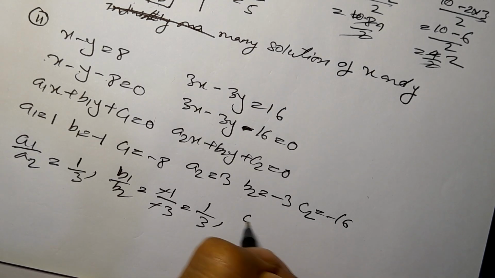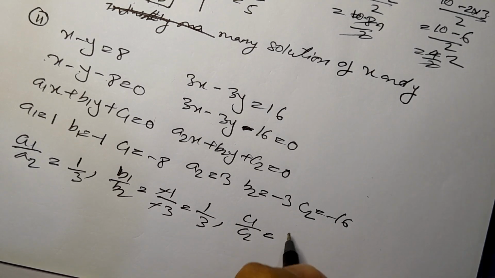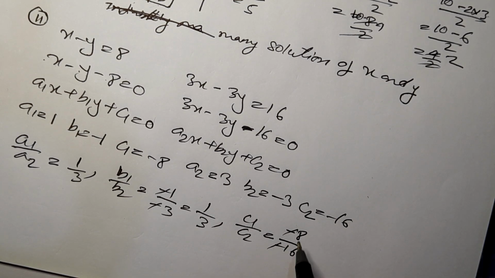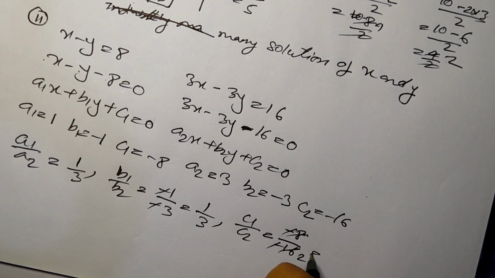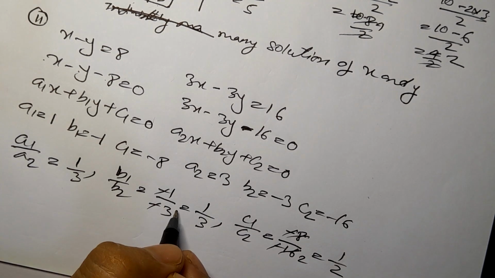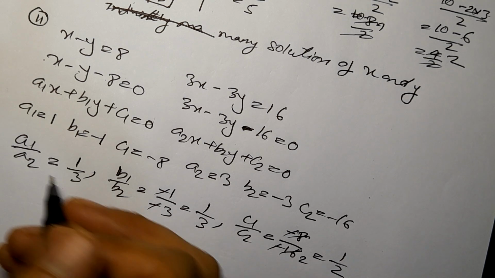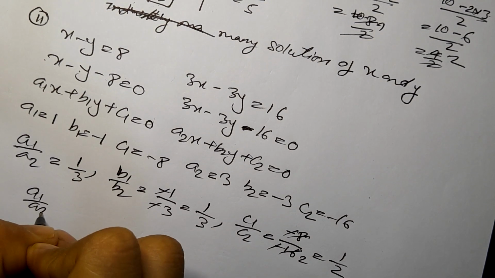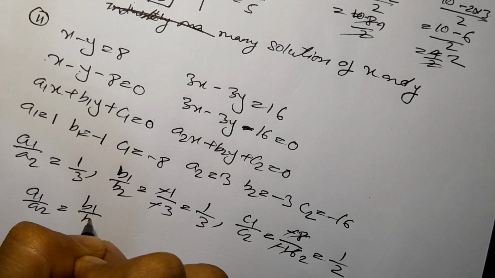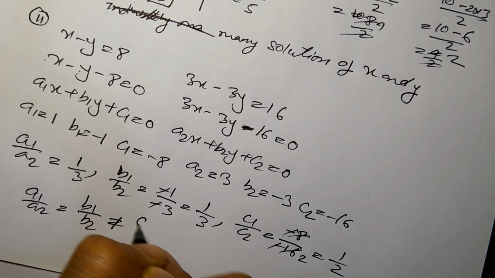Now c1 by c2: c1 is minus 8, c2 is minus 16, minus minus cancelled, 8 twos are 16, so you get 1 by 2. So a1 by a2 is equal to b1 by b2, but c1 by c2 is not equal. So a1 by a2 equal to b1 by b2 does not equal c1 by c2.